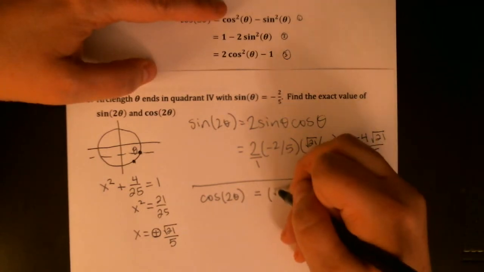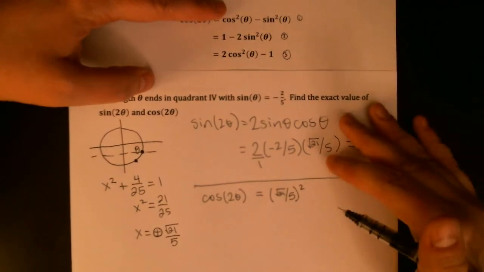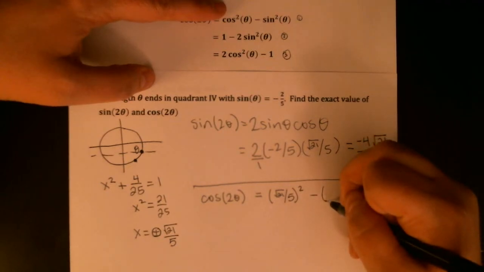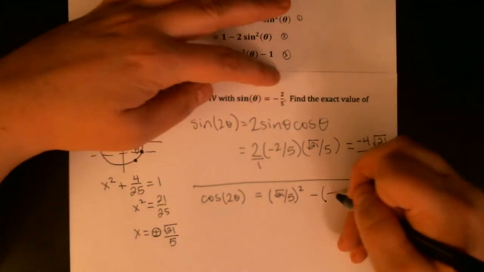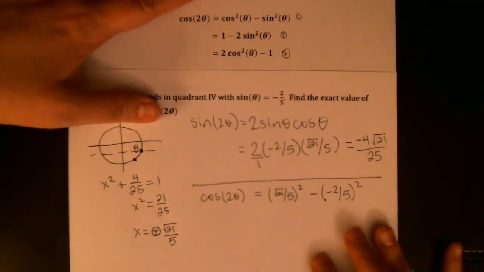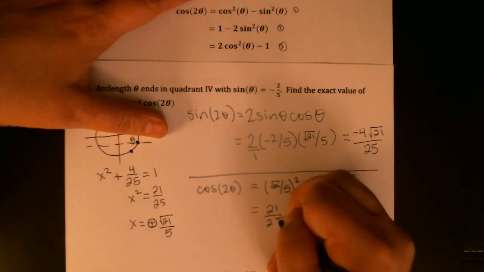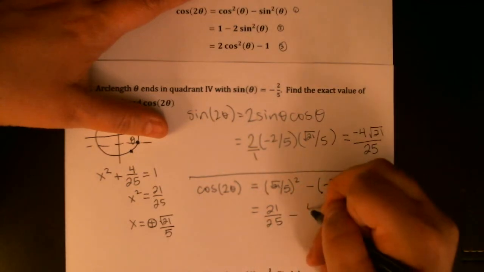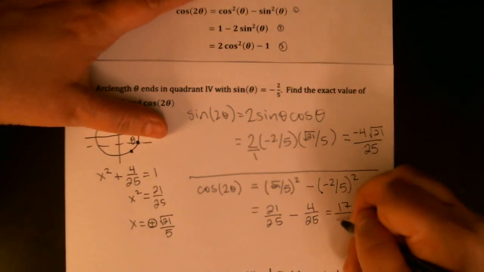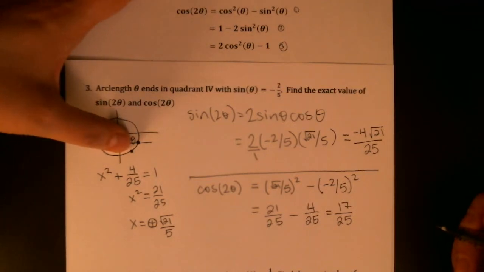Cosine of theta was our √21/5, so we square it, and sine theta was our -2/5, and we square that, which gives us 21/25 minus 4/25, which is 17/25. And that is the x-coordinate of our point.